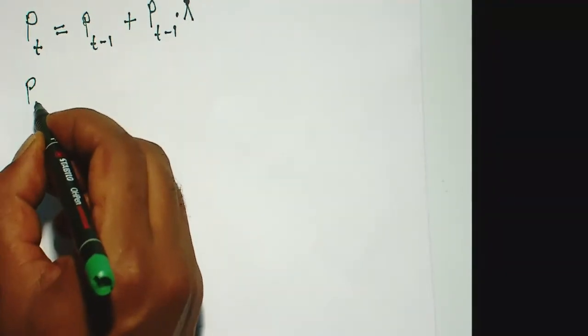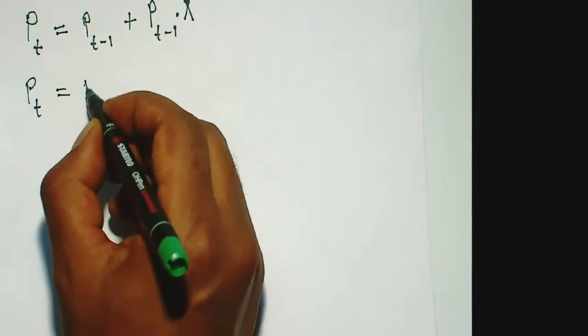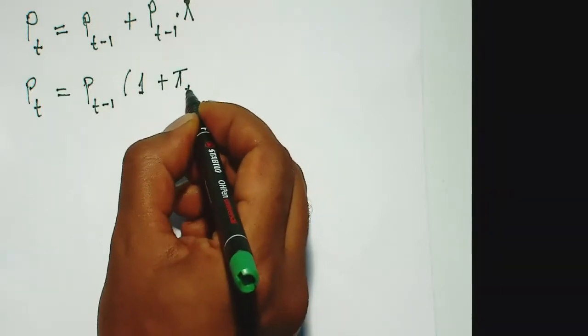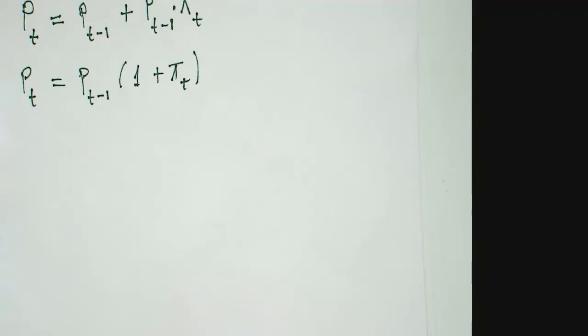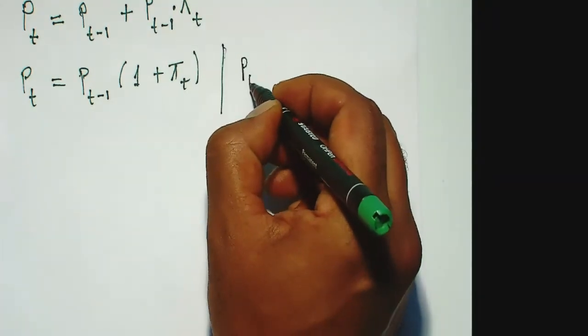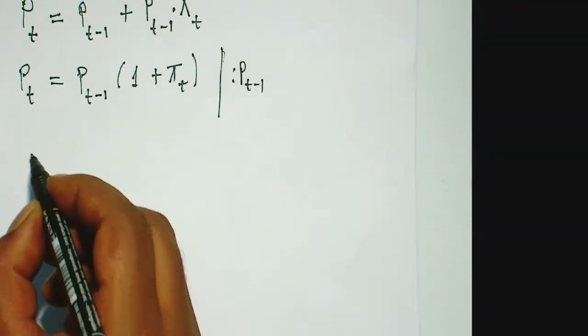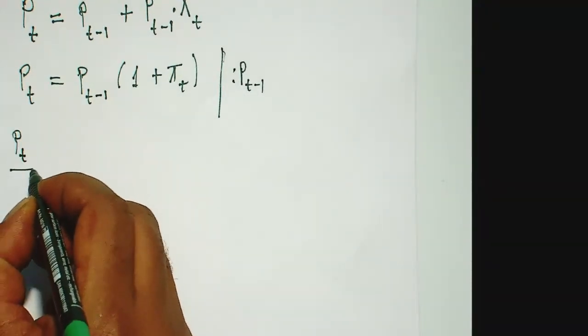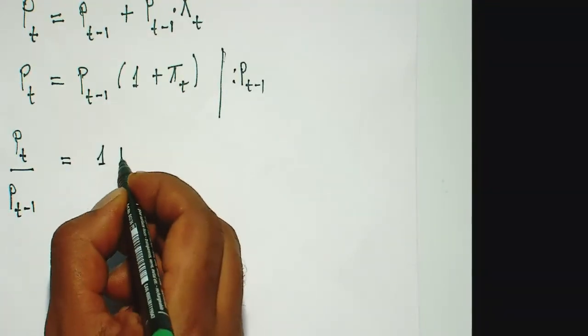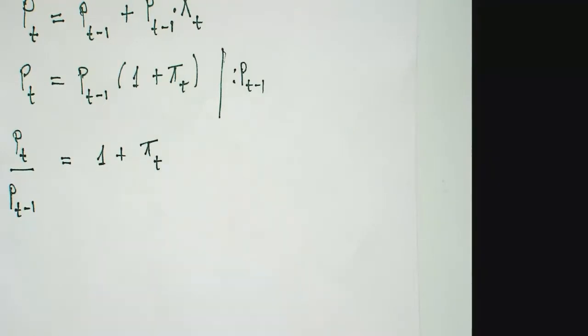Taking price at t minus 1 as a common factor, we would have 1 plus inflation at t. So this is to say, inflation at time period t is dependent on the price level of the previous time period. If we divide both sides by price at t minus 1, we would get price at time t divided by price at t minus 1 is equal to 1 plus inflation at time t.